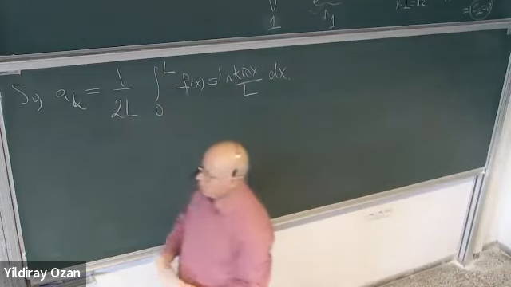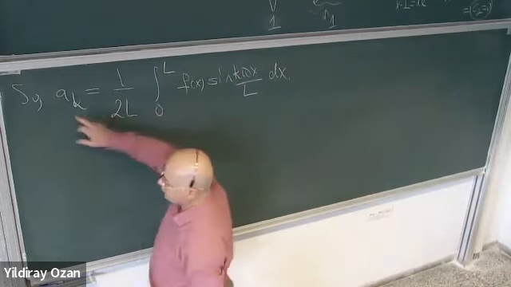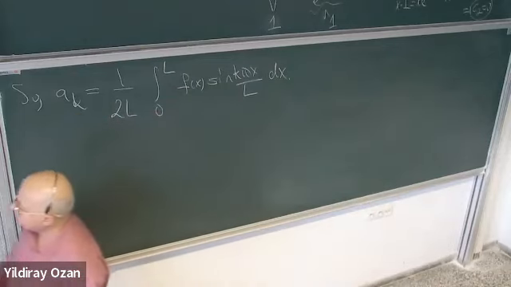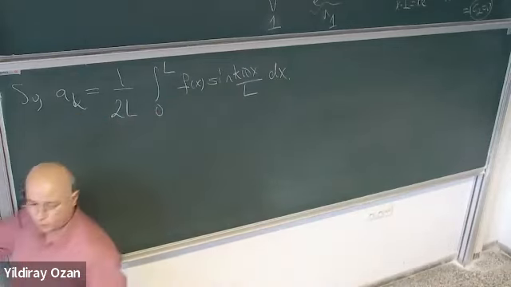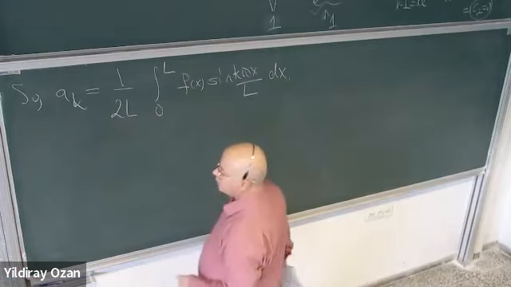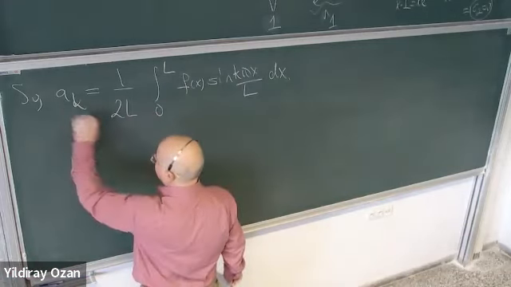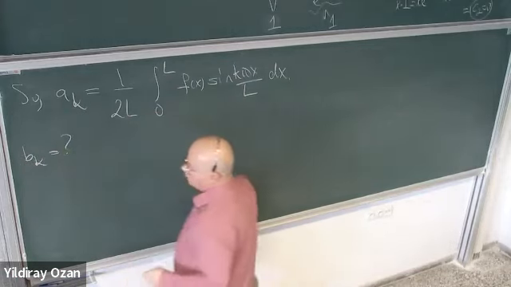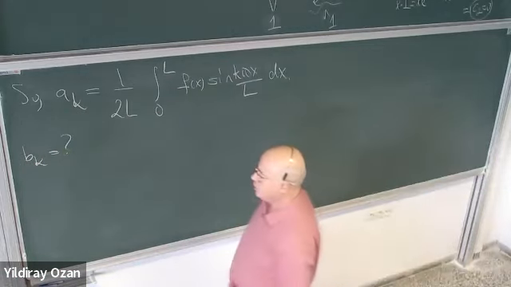So we just compute these integrals and obtain A_K, and then we have obtained half of the solution. What about the other half? A_Ks are obtained. What about B_Ks? Well, we have to use the other condition.